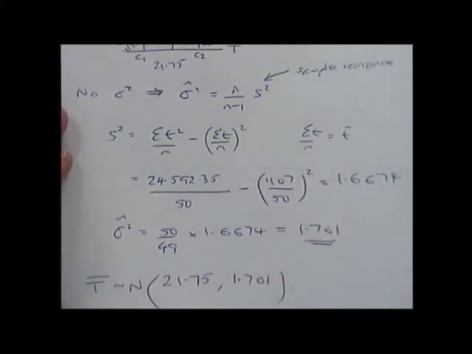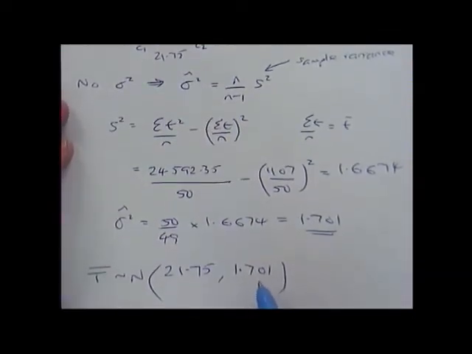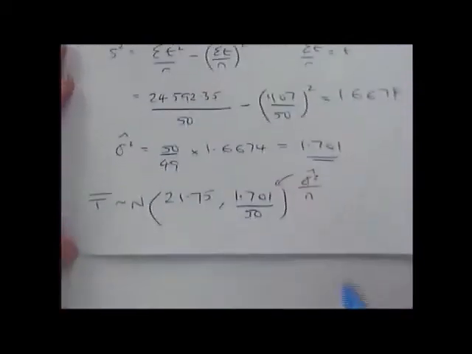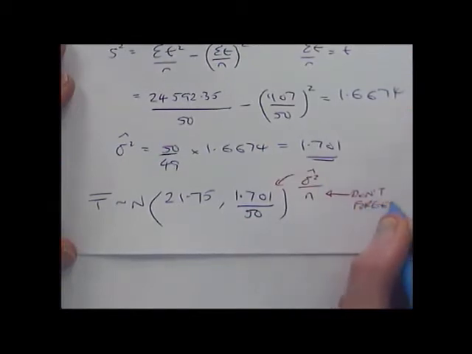Is that correct? Good, yeah. This over here should be sigma squared over n. So don't forget that. That bit in there is sigma squared hat over n. Don't forget the n down there, which is a mistake that some people can make sometimes.